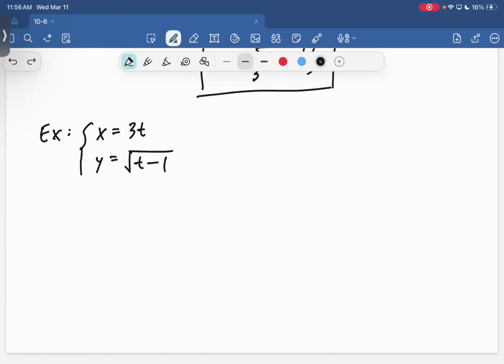So let's eliminate the parameter. We can do that by squaring the second equation. So we get y squared equals t minus 1, which means that t equals y squared plus 1. Then if we plug that into the first equation, we get x equals 3y squared plus 3.